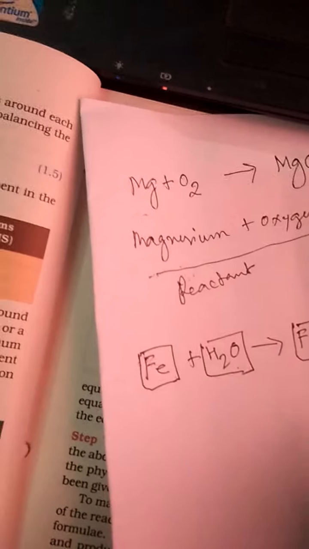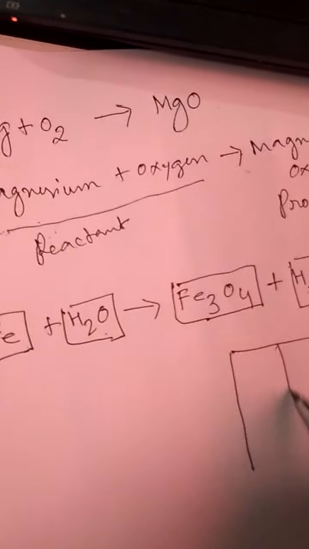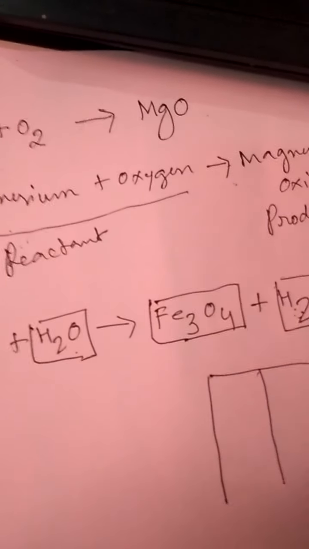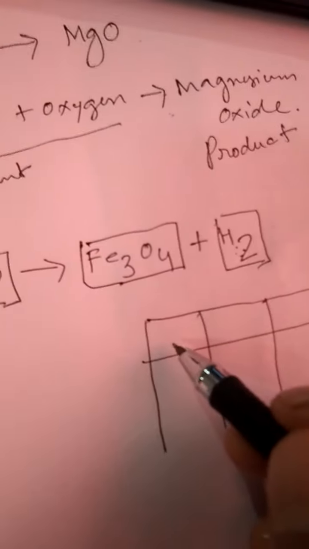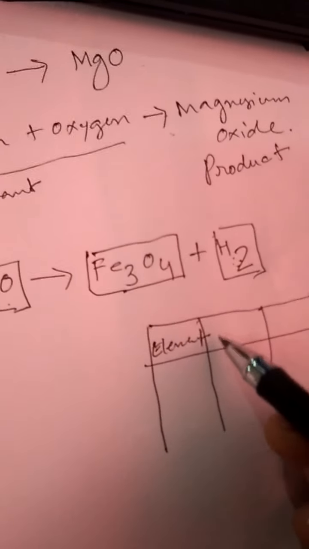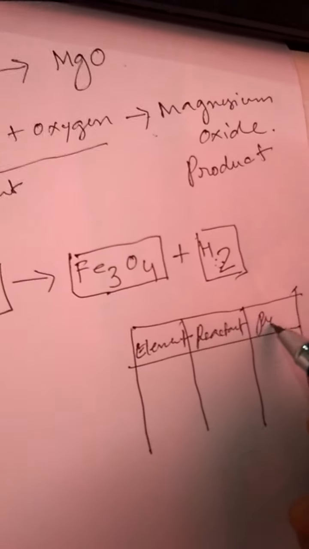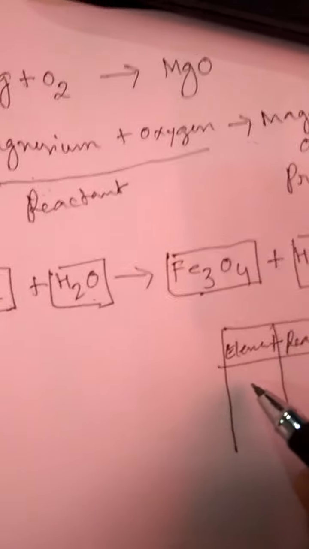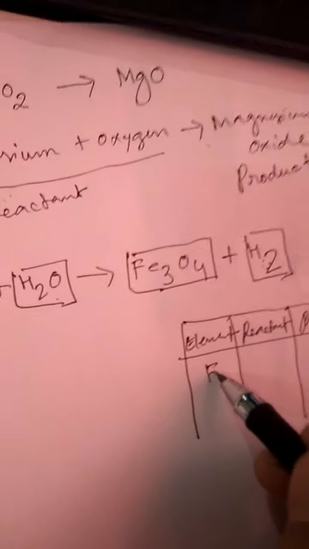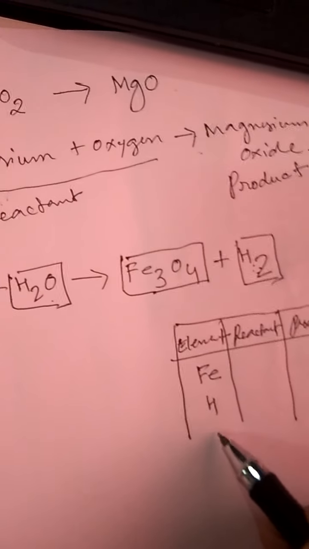For example, here we have three elements, suppose these are the elements, in reactants and products. On the reactant side we have iron, and in the product side we have three elements: iron, hydrogen and oxygen.